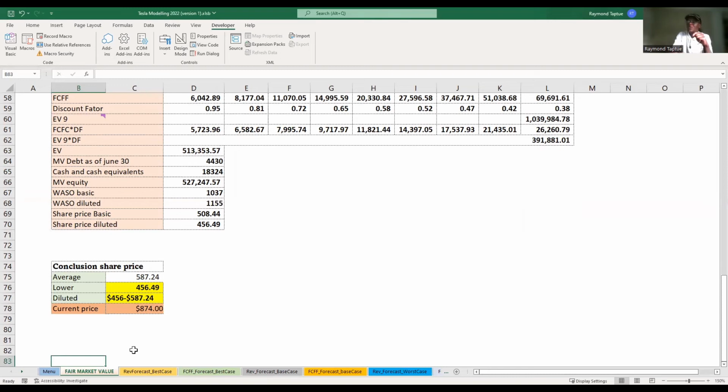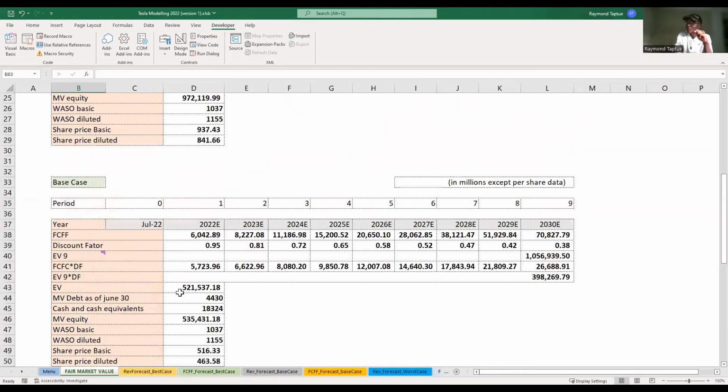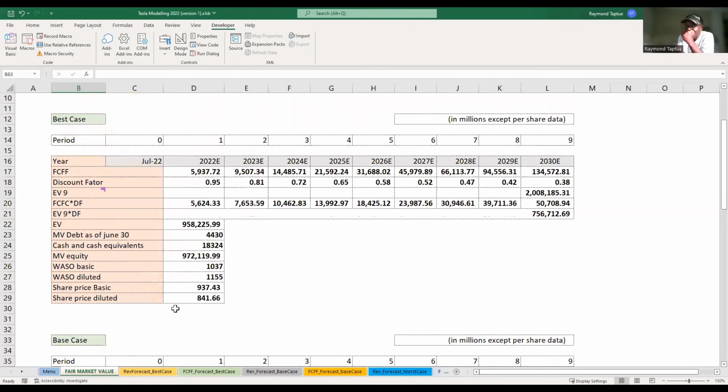If the company will perform in line with the best case scenario, then the value of Tesla, using weighted average stock outstanding basic, should be about $937, or using the diluted one should be about 841, which means that the current share price of Tesla is almost the best representation, meaning that Tesla is fairly valued.